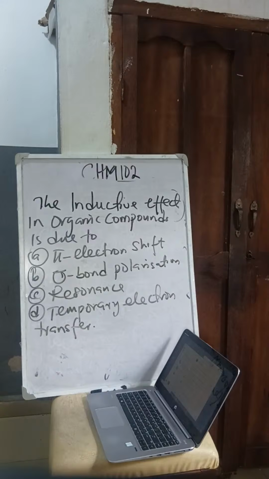The inductive effect in organic compounds is due to dash. A, pi electron shift, C, electron transfer. When you answer it, it shows that you're actually following. What is the correct answer there? D is wrong. Resonance effect is wrong. Keep trying.